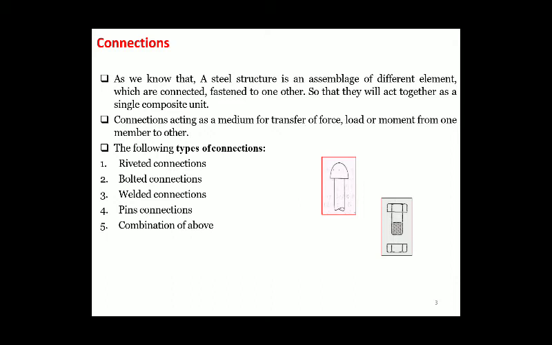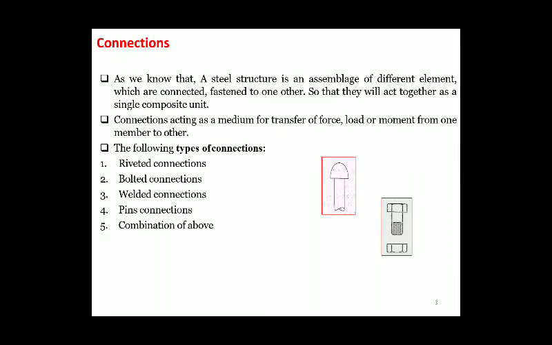Connection is a medium for transfer of force, load or moment from one member to another. There are different types of connections. First type is riveted connection, then bolted connection, welded connection, pin connection, and combination of the above.